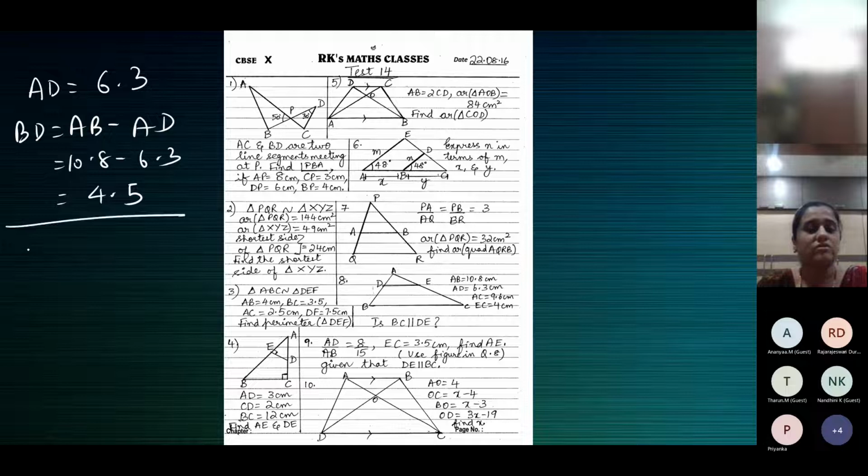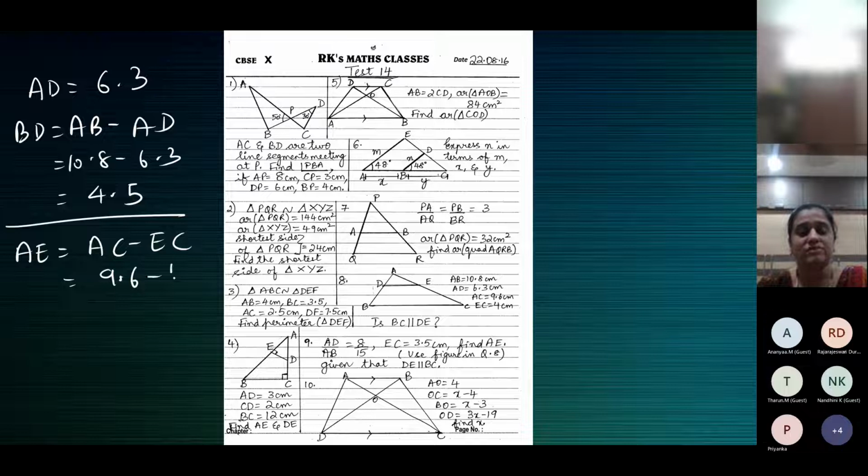Then on the other side, AE you have to find. AE is equal to AC minus EC, AC is 9.6 minus 4, which is 5.6. And the other segment EC is known, 4.